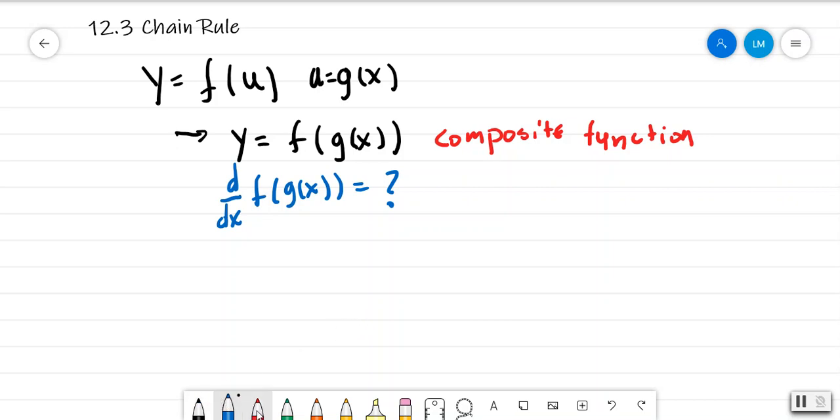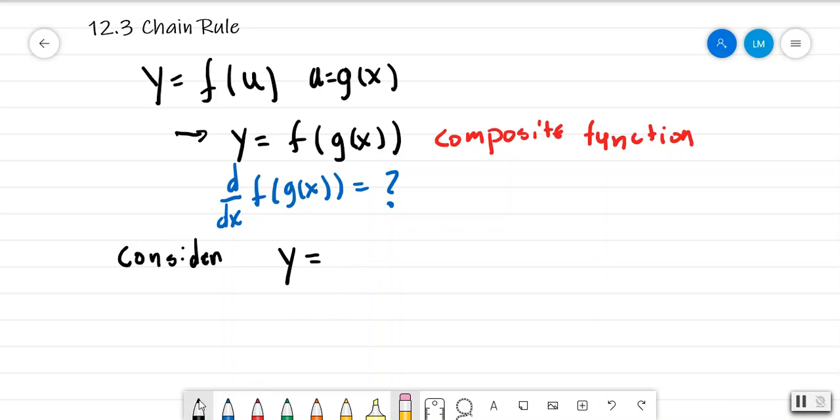Now, let's say that we want to start by considering a simpler function.